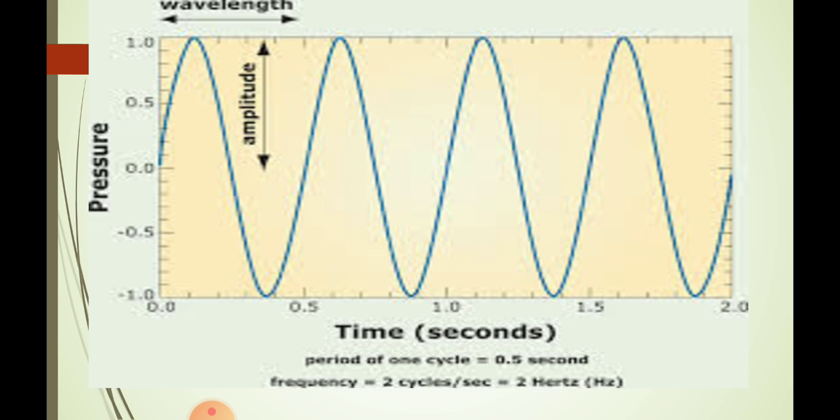If you are doing this 2 times in 1 second, we call it 2 hertz. If it is done 20 times in 1 second, we call it 20 hertz. If it is done 20,000 times in 1 second, we call it 20,000 hertz. That is called the frequency, how many times the molecule vibrates in 1 second.